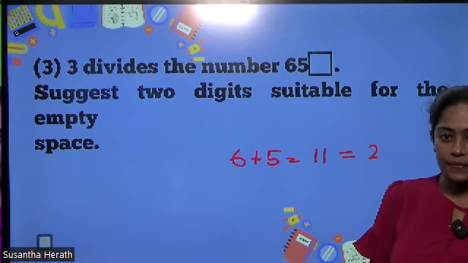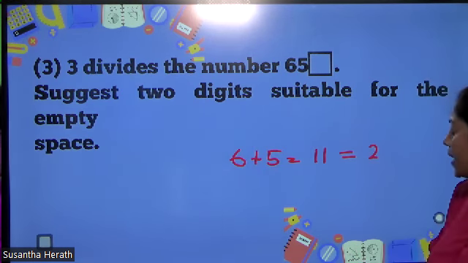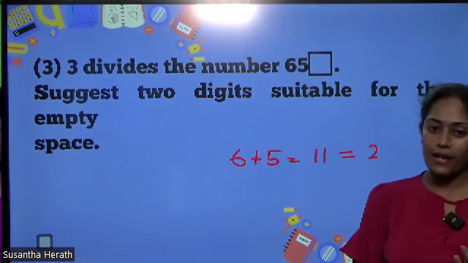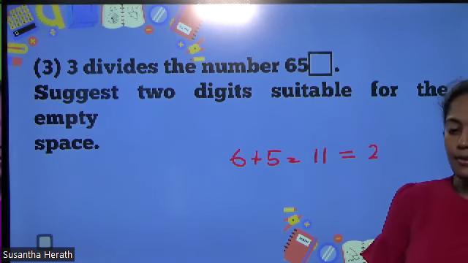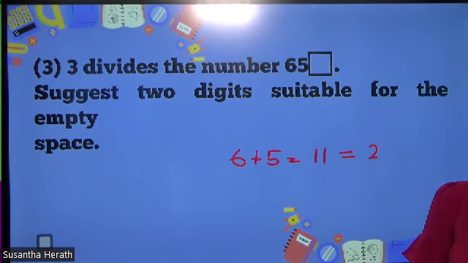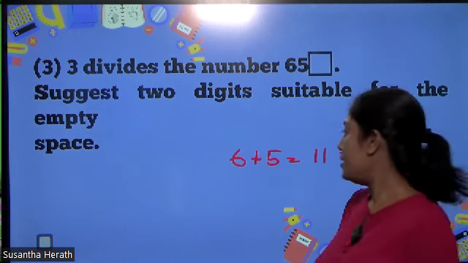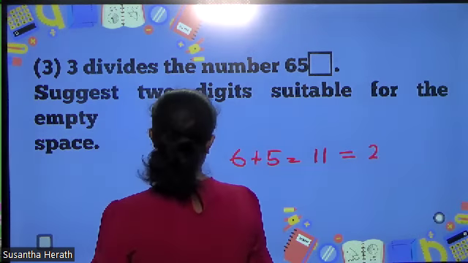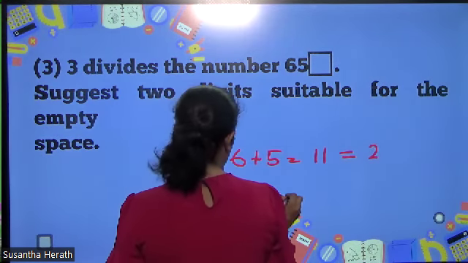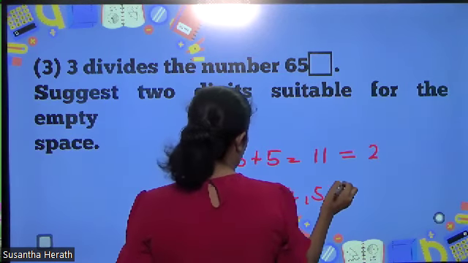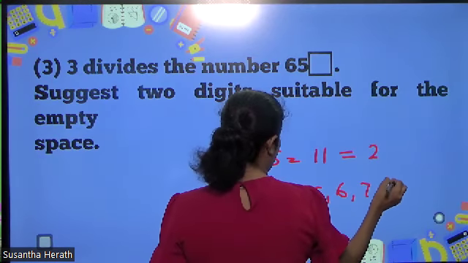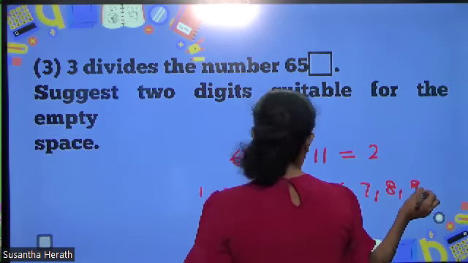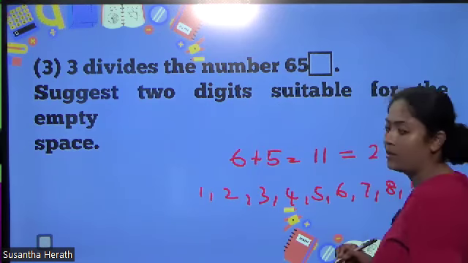So, what are the digital roots we can find? You can say, what are the numbers we can divide by 3 without remainder? Digital roots we can have only 1, 2, 3, 4, 5, 6, 7, 8 and 9, and also 0 we can have.